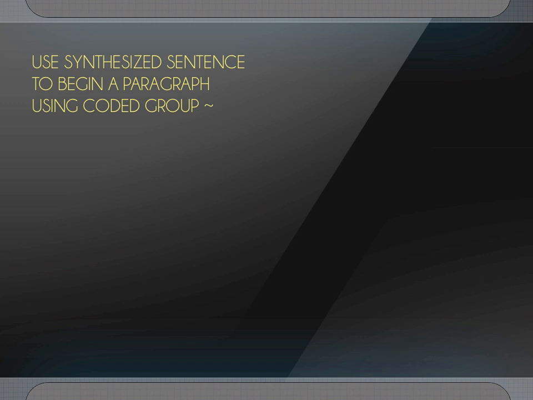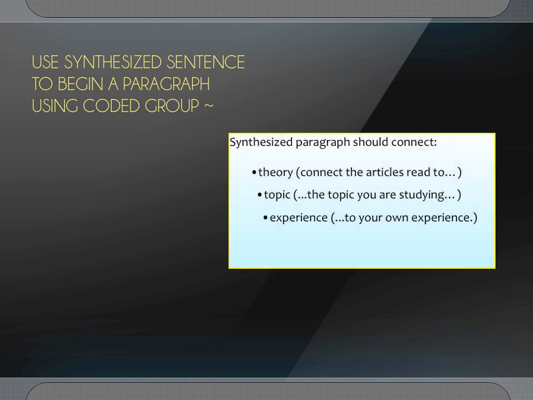Now, you want to use that sentence that you just synthesized to write a paragraph. The important element to all of your writing is that you connect the theory you have read to the topic you are studying to your own experience, all the while keeping your writing clear, concise, and cohesive.